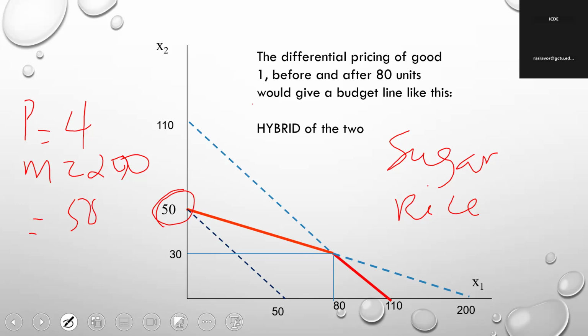You're a rice farmer, so you saved your rice before the drought. But rice, X1 is rice, X2 is sugar. But rice is very, very scarce. Government is saying, please, P1 is equal to 1 cedi up to 80.